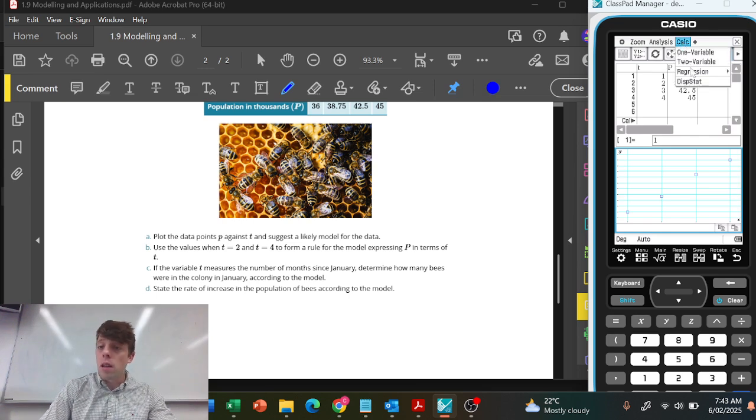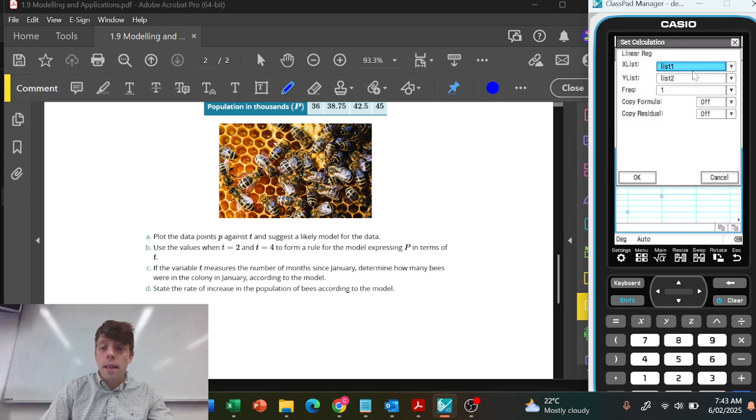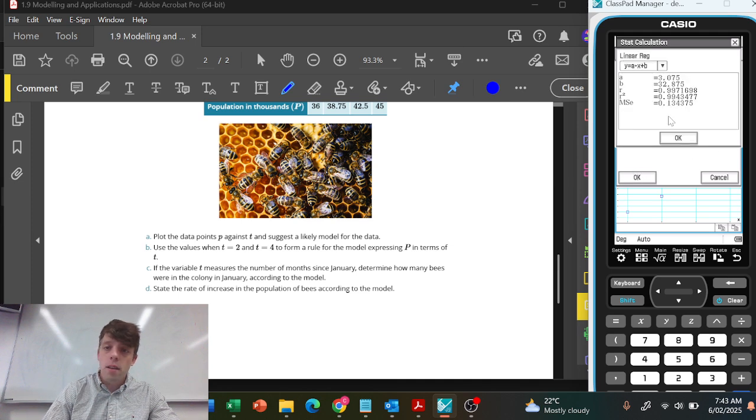So I'm going to click Calc, Regression, Linear Regression. If it was a quadratic, I would click Quadratic Regression. I'm going to select X is T, Y is P. Click OK. It gives me an equation, so you would just copy this information down. You can read here we have y equals ax plus b, and it's given me values for each of those.